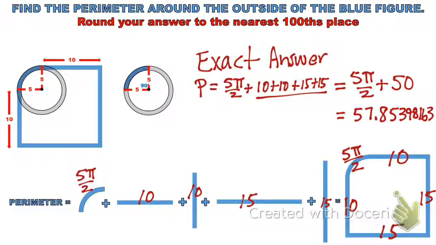And we want to round our answer to the nearest hundredths place, so that means 2 decimal places. So I look at this 3 right here, and I see that the 3 cannot bump up the 5 to a 6. So my overall answer, rounded to the nearest hundredths place on this problem, is 57.85.